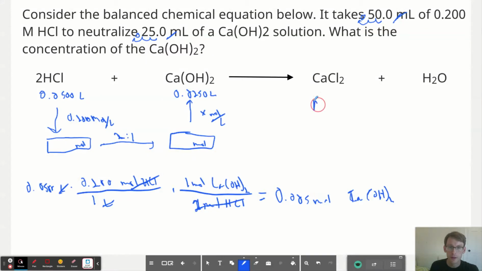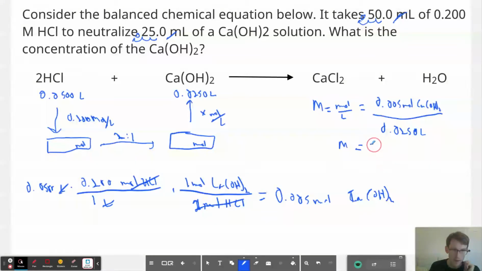I know that molarity equals moles per liter, and I can use that to my advantage because what I can say is that my molarity is equal to my 0.005 moles of calcium hydroxide that I just calculated from here, divided by the 0.0250 liters that I have over here, and I can say that my molarity therefore is equal to, hold on, let me figure out the sig figs, 3 sig figs, nothing more than that.